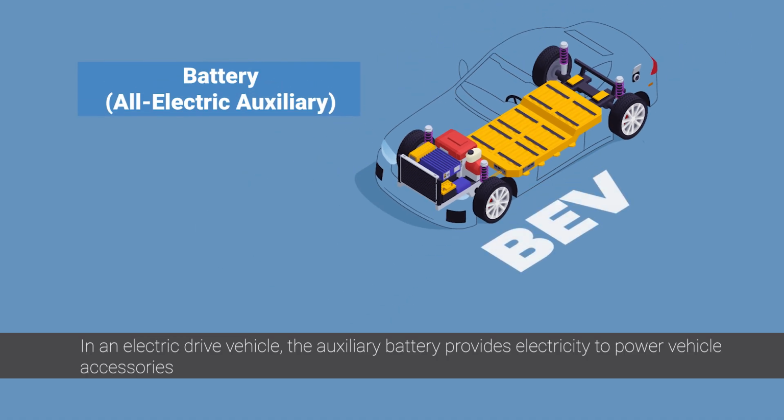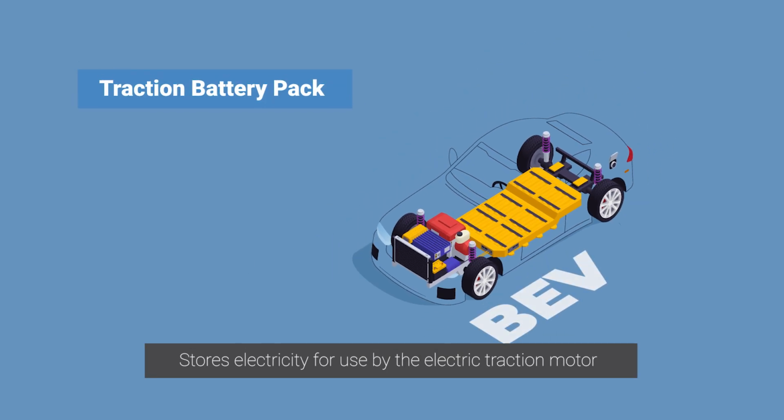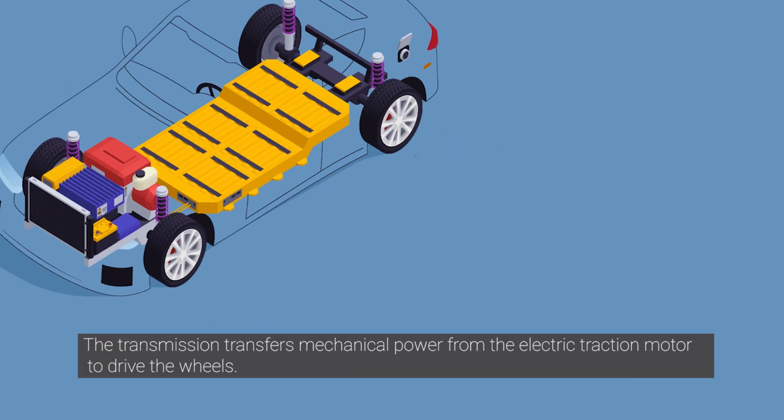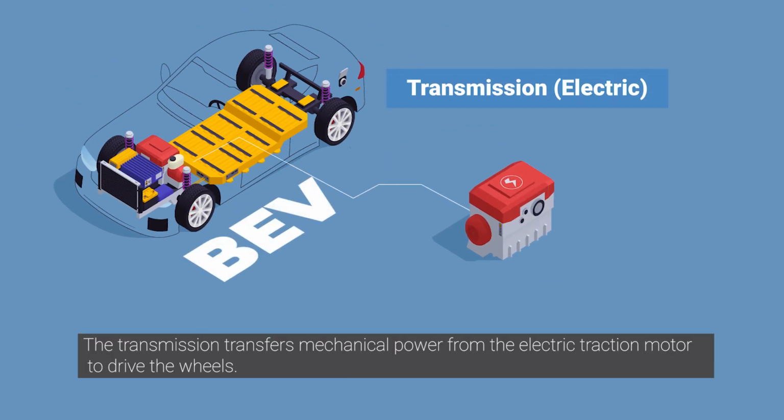First, battery, all-electric auxiliary. In an electric drive vehicle, the auxiliary battery provides electricity to power vehicle accessories. Second, traction battery pack. It stores electricity for use by the electric traction motor. Third, transmission, electric powertrain.